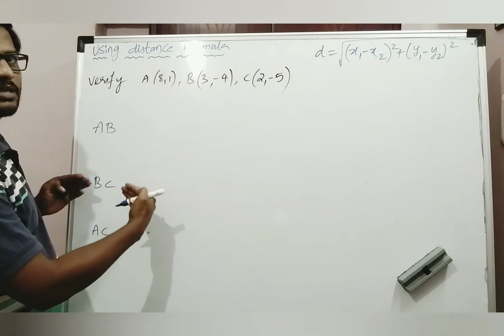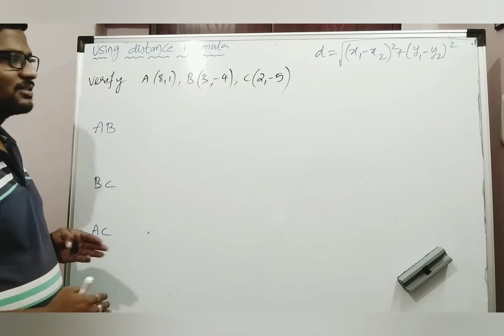If the sum of any 2 sides is equal to the length of the third side, then we can say these 3 points are collinear.